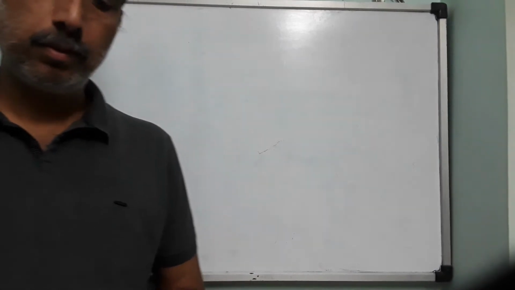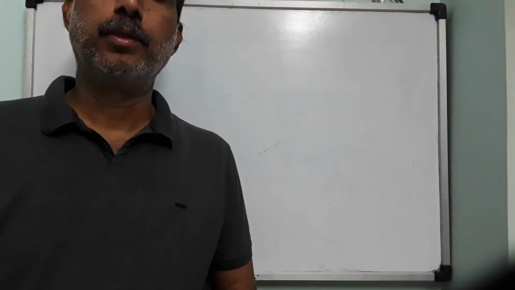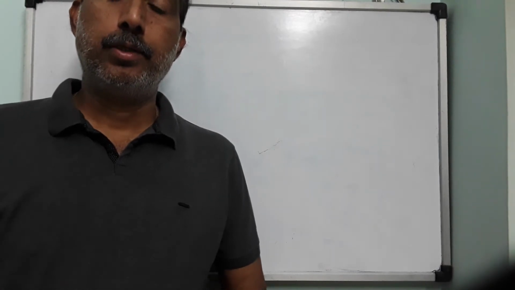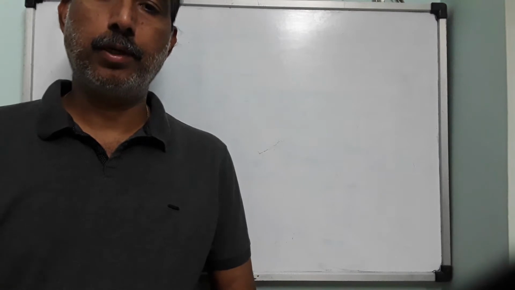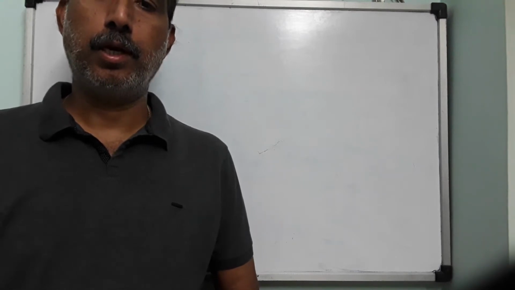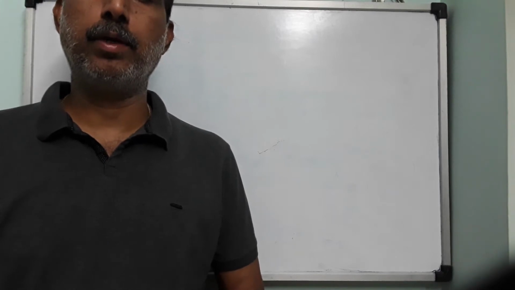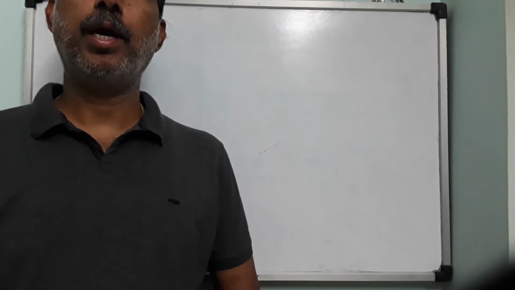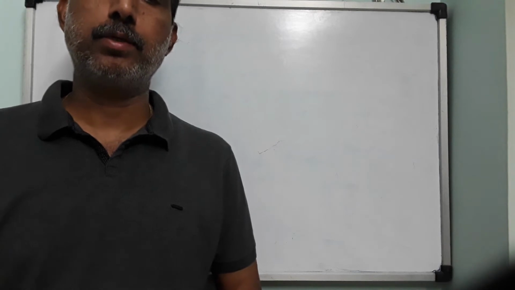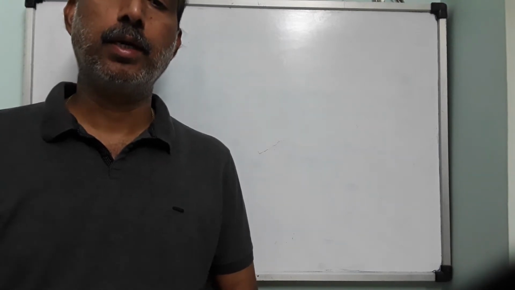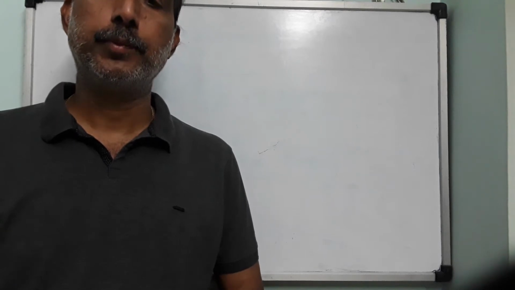Welcome back. The second video lesson of third chapter, current electricity. Yesterday we discussed resistance and Ohm's law. We have brought out a relation between resistance and its dependent factors like length, area of cross section of the conductor, and relaxation time.